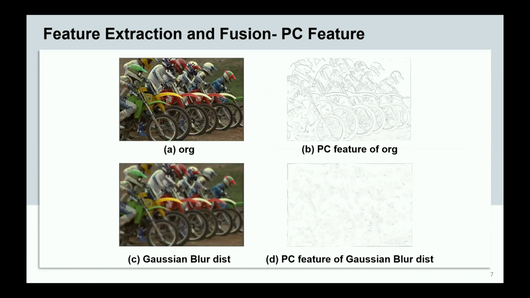PC feature calculates the maximum moment of phase congruency covariance, which is used as an indicator of edge strength. Images with different distortion degree have different PC coefficients. You can see in the picture, like image A and C are pictures without distortion and with Gaussian blur distortion, and the PC feature is quite different here.